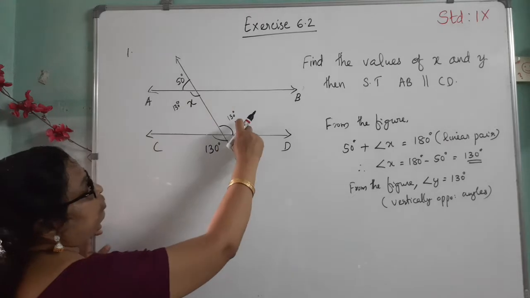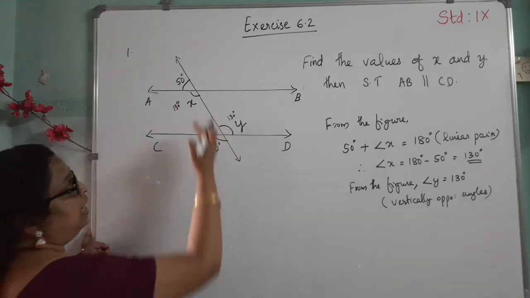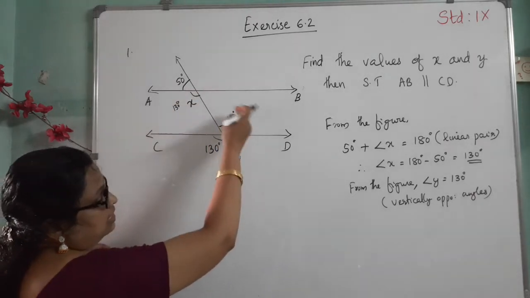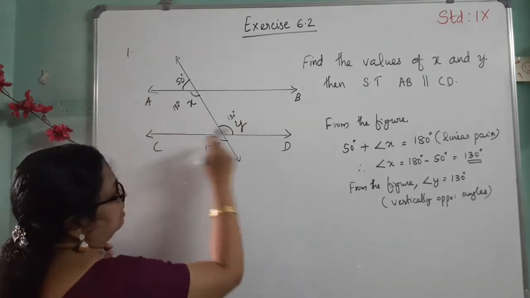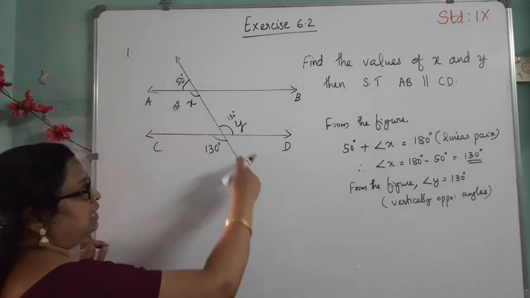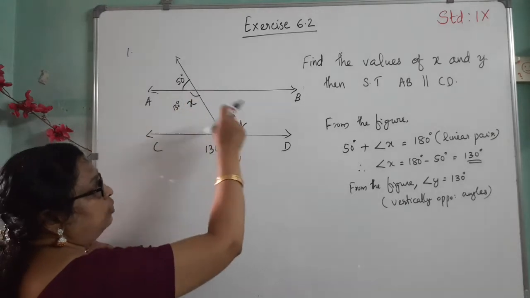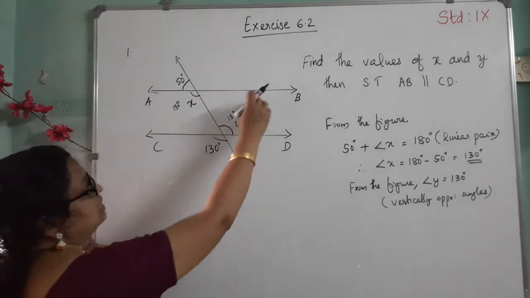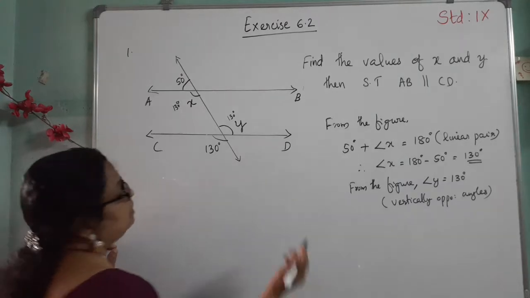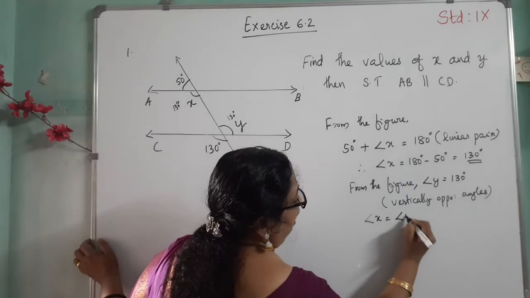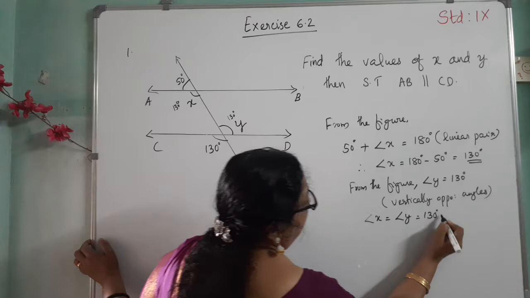And this x and y are the alternate interior angles. That is, one is left side, one is right side. This AB and CD are two lines and this is a transversal. And x and y are the alternate interior angles among AB and CD. So angle x equal to angle y equal to 130 degree.